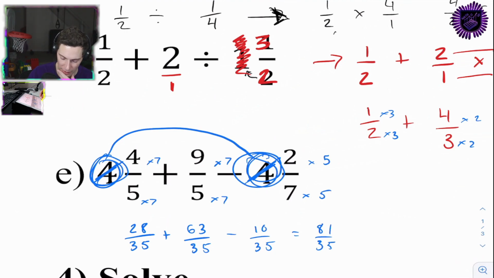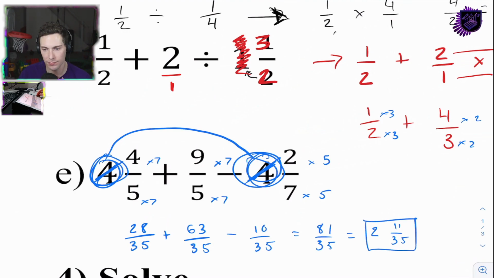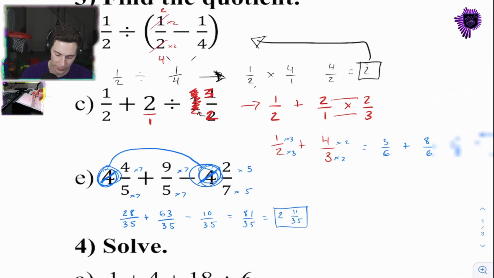Now, when you do that, we can take out two groups. So simplifying this, we can take out two groups of 35, which is going to be 70. So 2 and 11 35ths. That's my answer. You can't simplify that anymore.